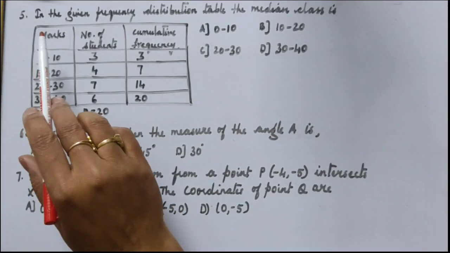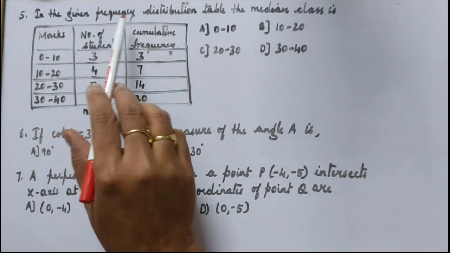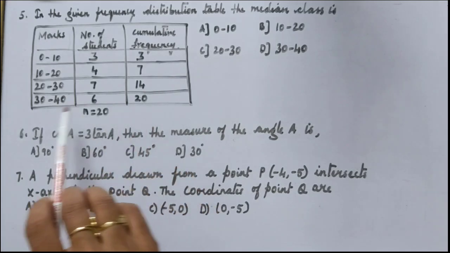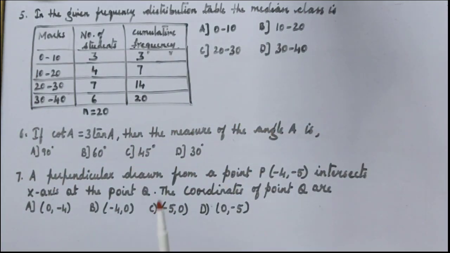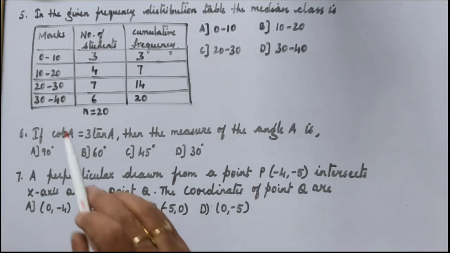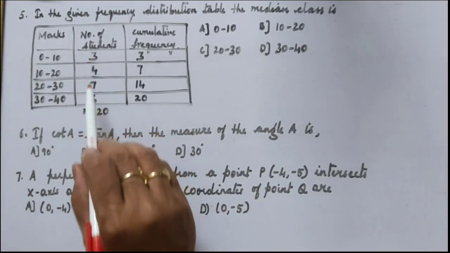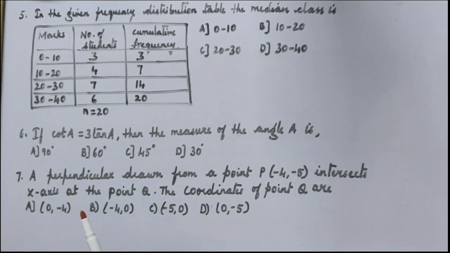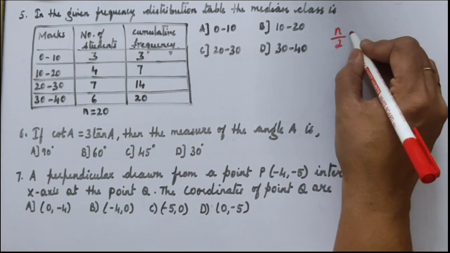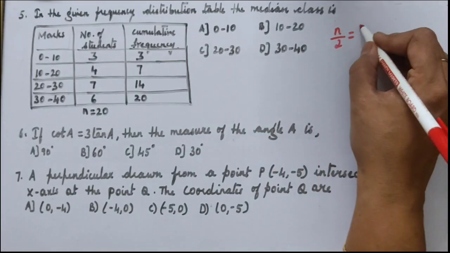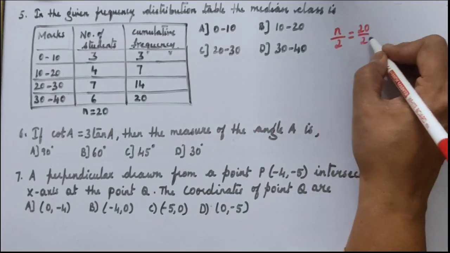Here in the fifth question you can see, in the given frequency distribution table, the median class is asked. How are we going to find out the median class? We have the number of students. The number of students is 20 here. So n by 2 is equal to 20 upon 2.